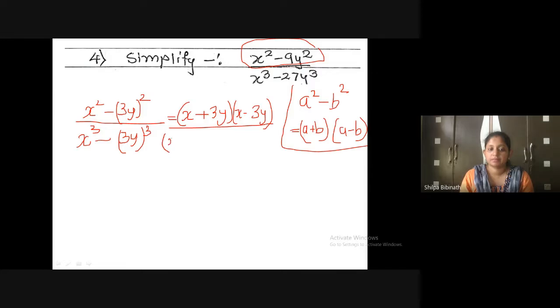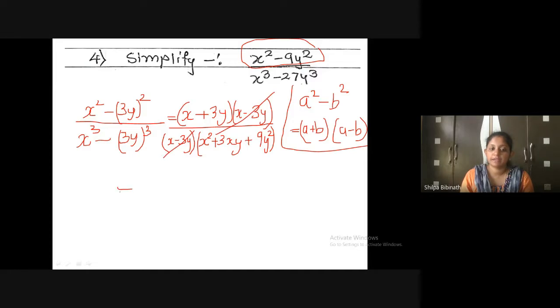So x minus 3y, then x square plus ab, so 3xy, plus b is what? 3. So 9, 3 3's are 9, y square. Now check what can be cancelled, which can be divided. x minus 3y, x minus 3y gets cancelled.